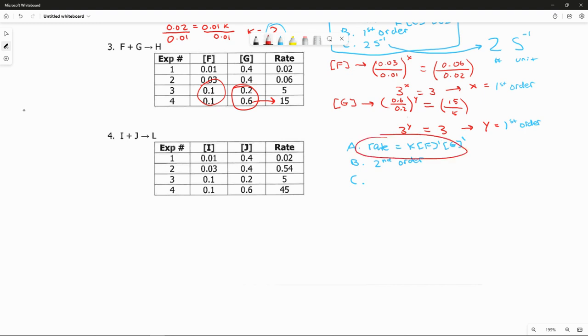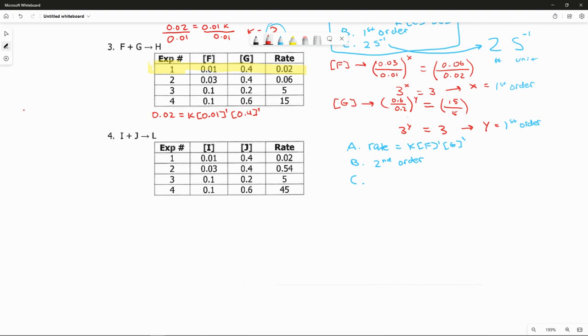C asks us to find the K value, the rate law constant. Our rate law is here, so all we got to do is plug it in. I always take the first set of data in the experiment and plug that in. So we take rate 0.02 equals K times the value of F, 0.01 to the first power, times G value, which is 0.4 to the first as well.